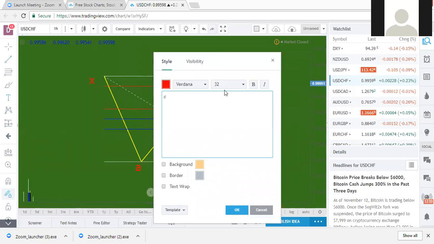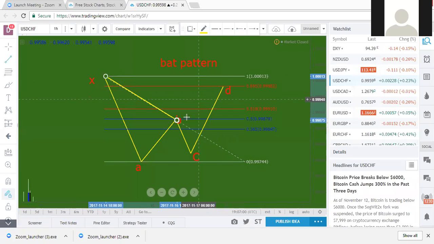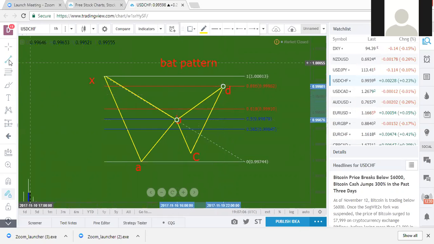Once we identify our D leg, we can look for entries. We'll go over entries and stops in a second.